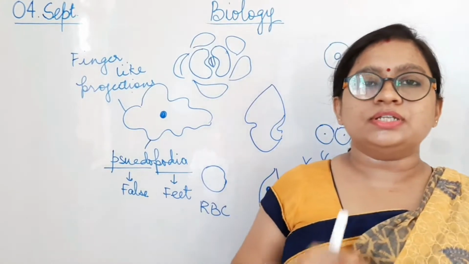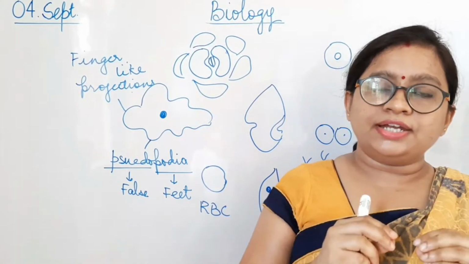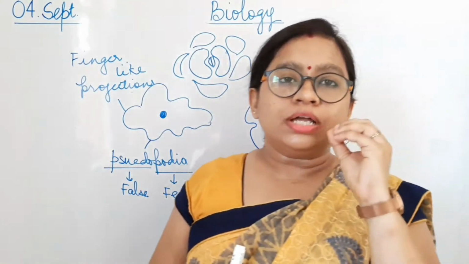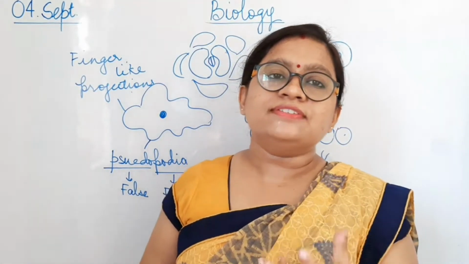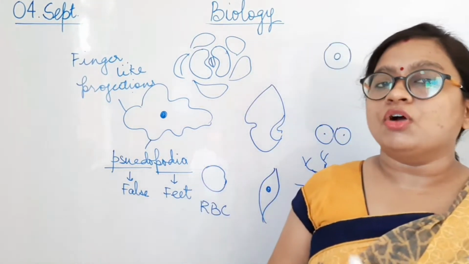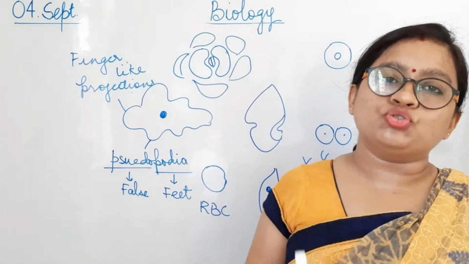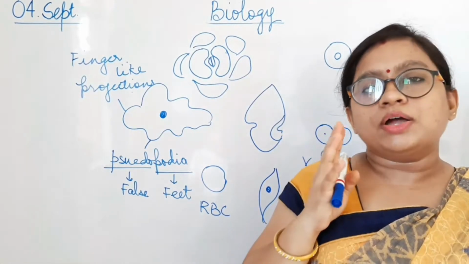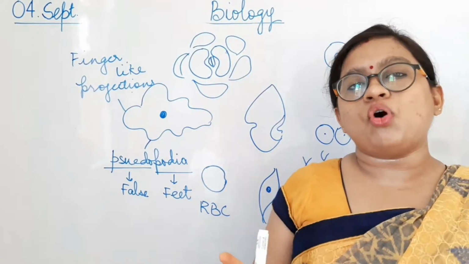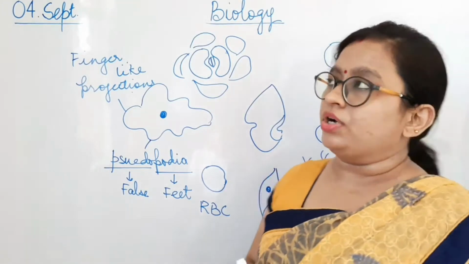Biconcave shape means it is spherical in shape and has a dent on both sides in the center. So due to this shape, it has more surface area, and more surface area means what? What is the function of RBC? Yes, the function of RBC is to absorb oxygen. So more surface area means more oxygen which it can transport to the various parts of the body.